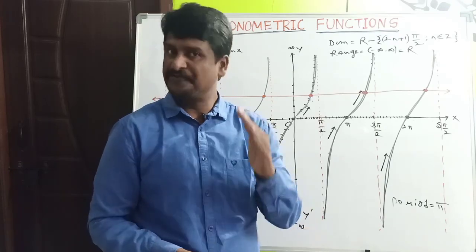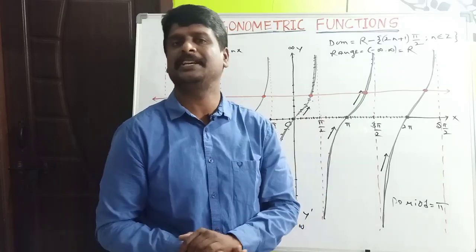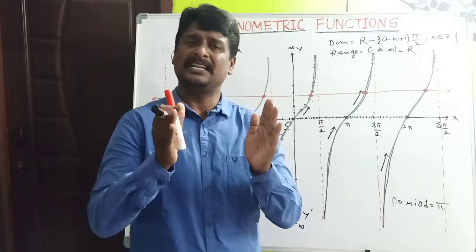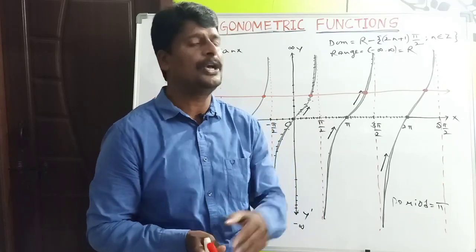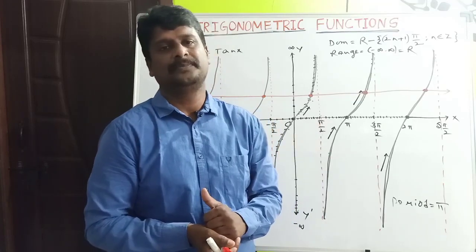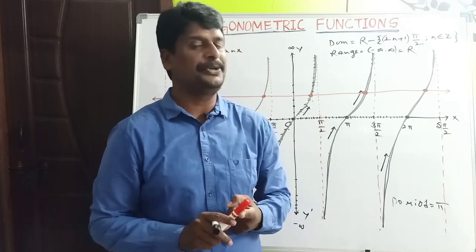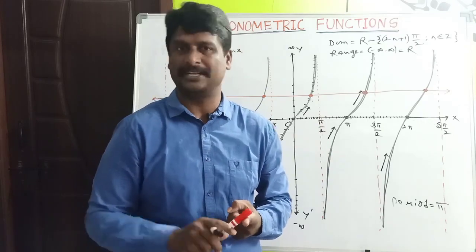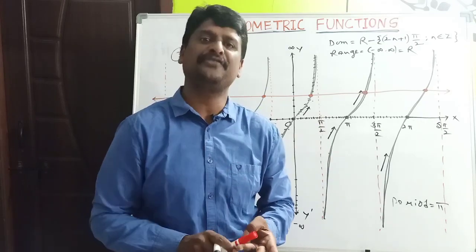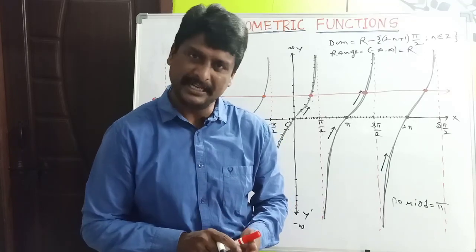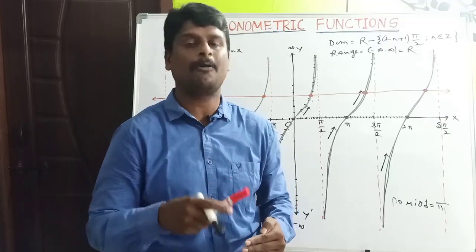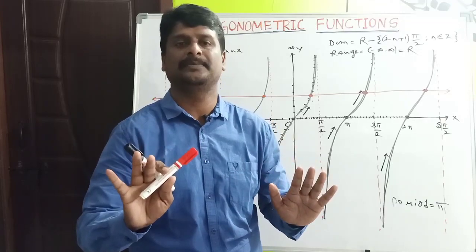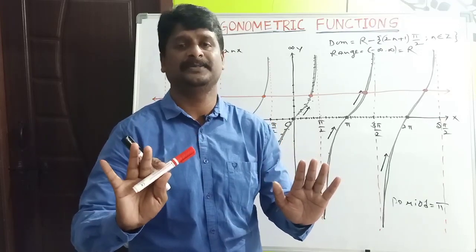Whichever the angle, for that angle it is again equal to 1. So it is very easy to identify the nature of the function through the graphs. We can identify continuity, discontinuity, differentiable, non-differentiable, increasing, decreasing nature, minimum value, maximum value, and whether the function is one-one or not. We can check very easily.